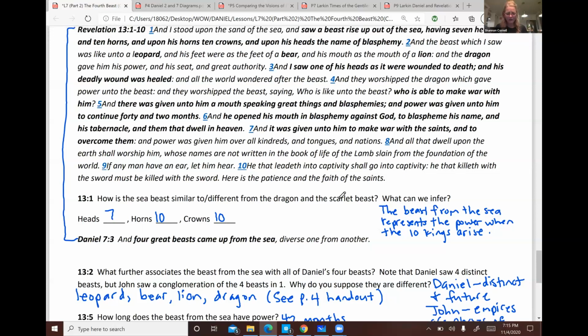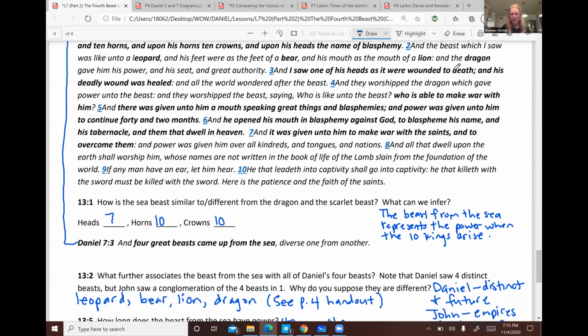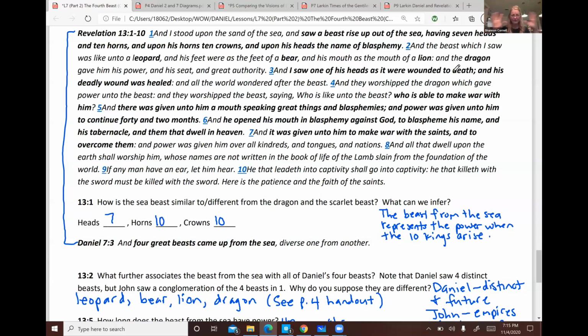Daniel saw all of his beasts rising up out of the sea, and that's exactly what John sees. Daniel saw 4 distinct separate beasts because they were going to be 4 distinct empires that were yet to come in Daniel's time. But John sees this last beast as a conglomeration of all.